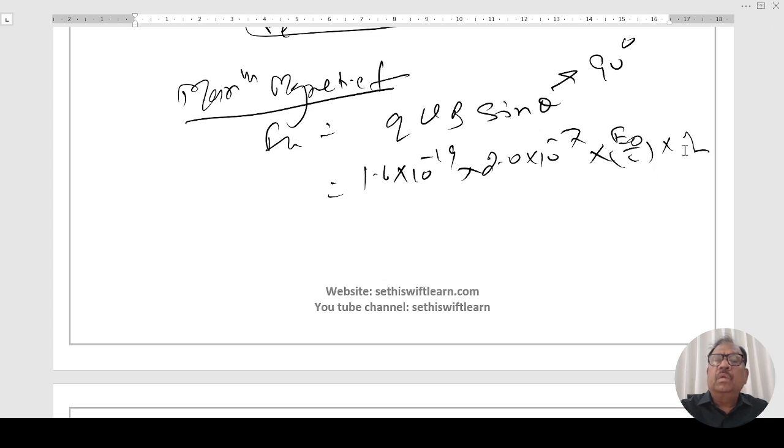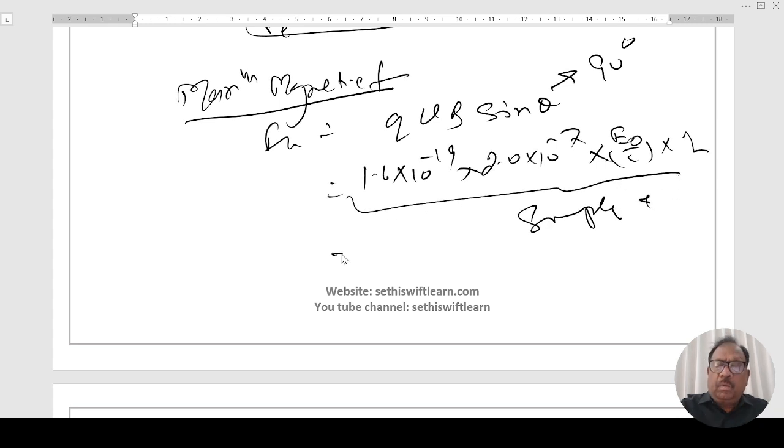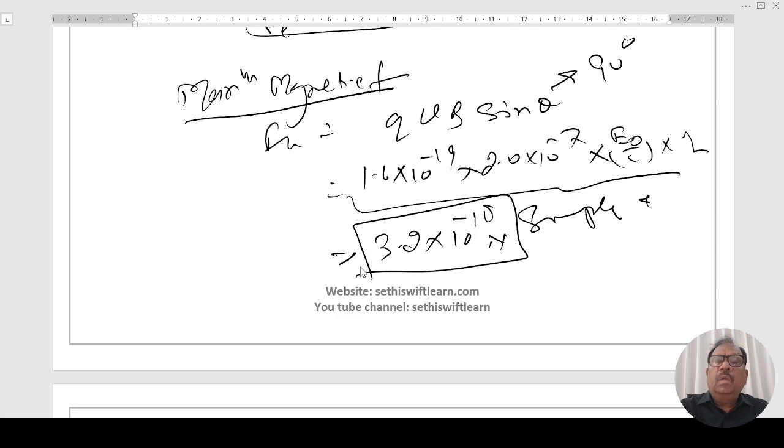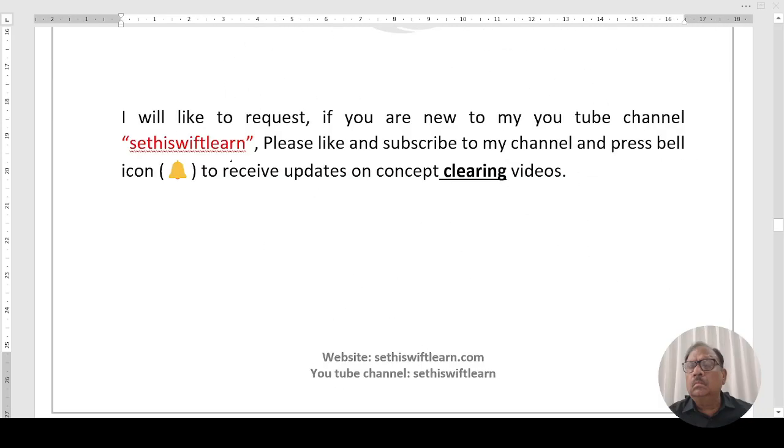Sin 90 is 1. Simplify it and find answer. Right? The answer comes out to be 3.2 into 10⁻¹⁸ Newton. That is the answer.